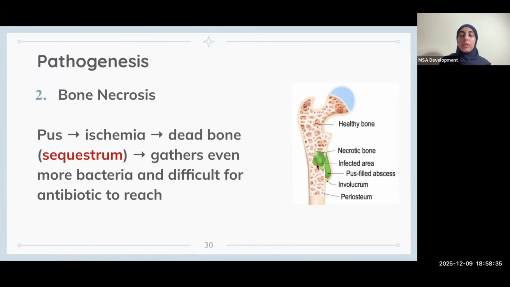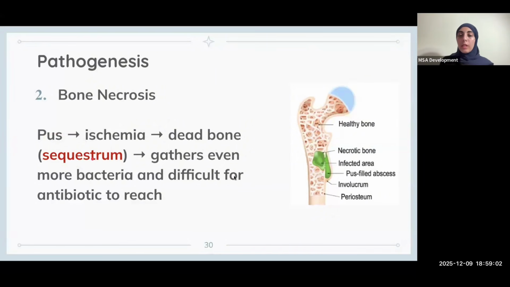Now you have pus leading to ischemia, killing the bone, and there's going to be dead bone inside this infected area, see this circle? Inside you're going to have necrotic bone because of all the ischemia. This dead bone is called sequestrum. If you know sequestration, it's like holding something and keeping it in one area, forming a wall around it.